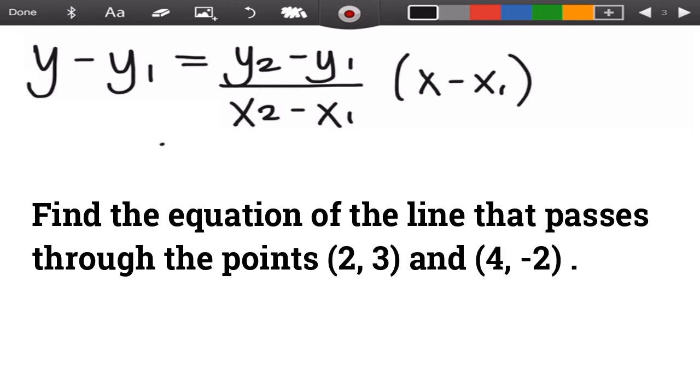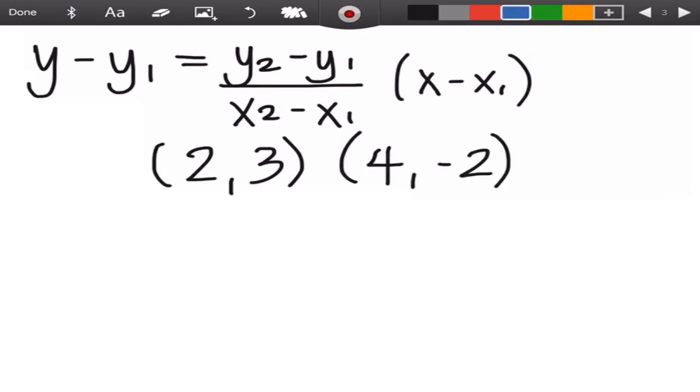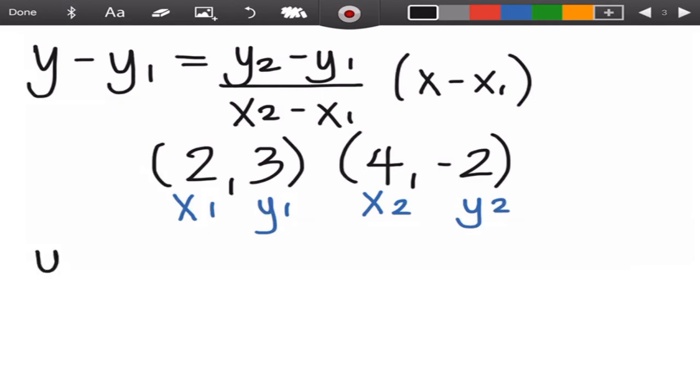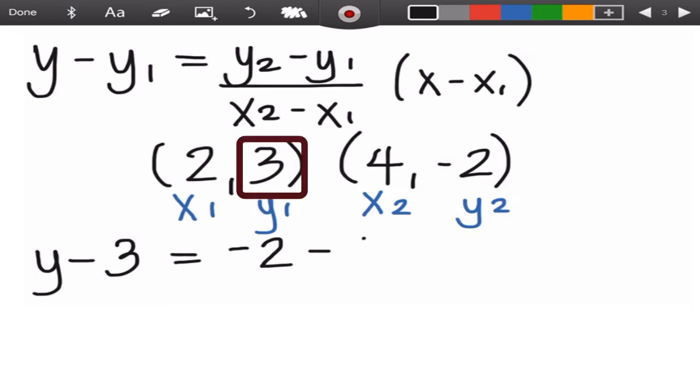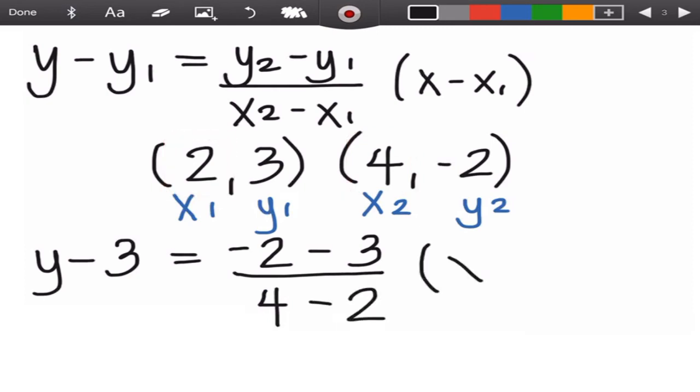So going back to our example, our points are (2, 3) and (4, negative 2). So we will assign the first coordinates as sub 1 and the second coordinates as sub 2. And then we will substitute into the two-point form. So we have y minus y sub 1, which is 3, equals y sub 2, which is negative 2, minus y sub 1, which is 3, over x sub 2, which is 4, minus x sub 1, which is 2, times x minus x sub 1, which is 2.